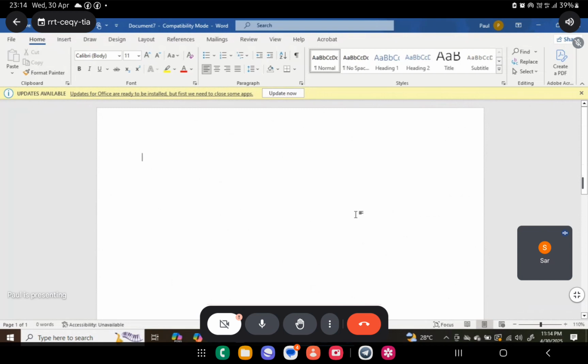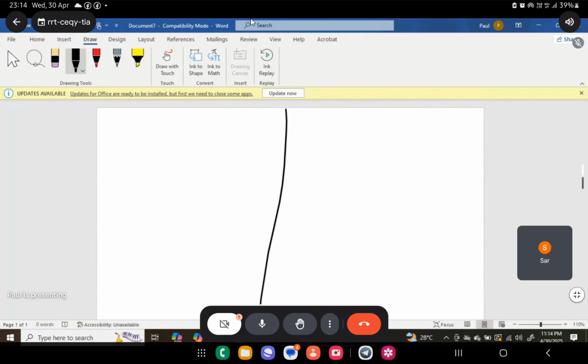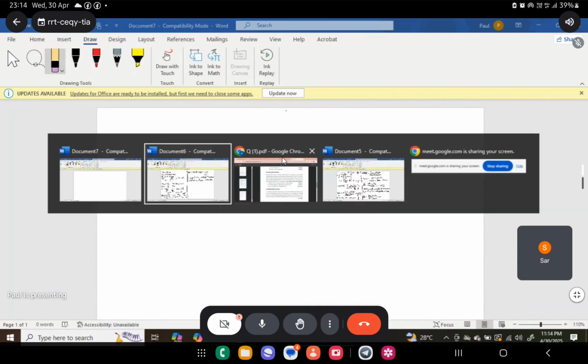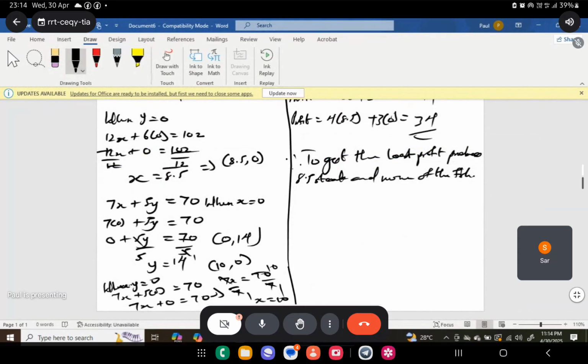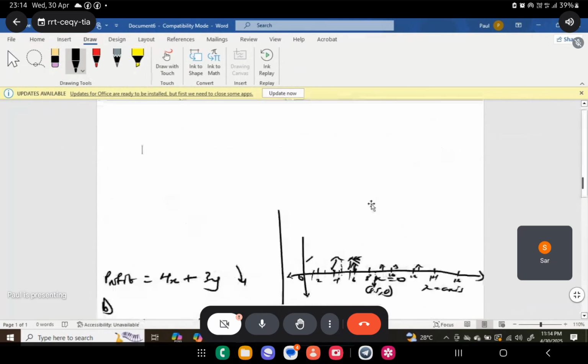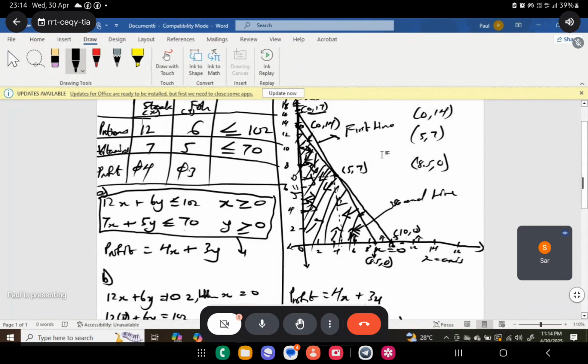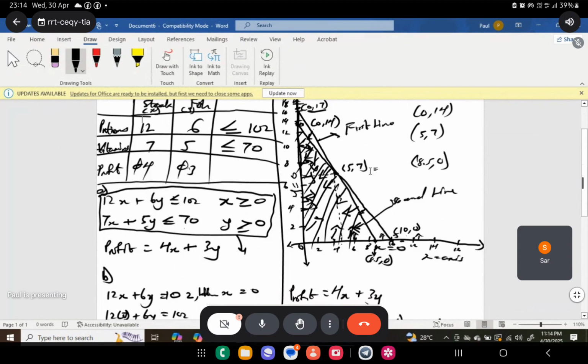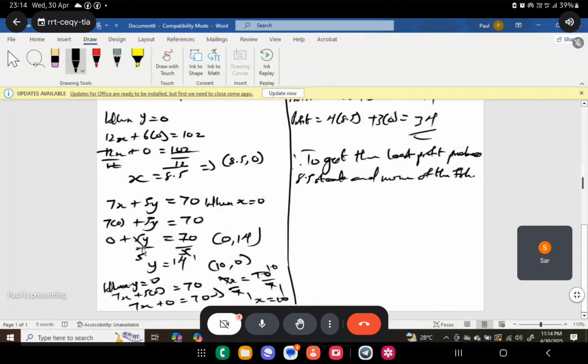How did you get the 10 and 0? Like 0 and 10. How did I get the 10 and 0? Yeah, you're talking about this side. 7x plus 5y is equal to 70.